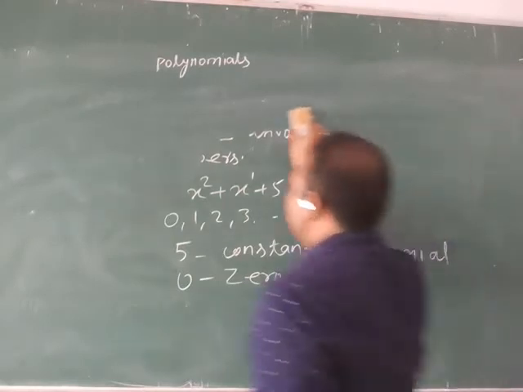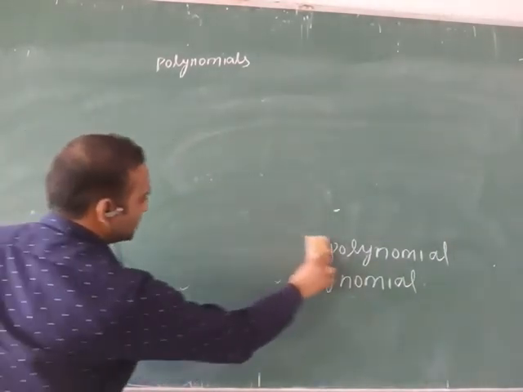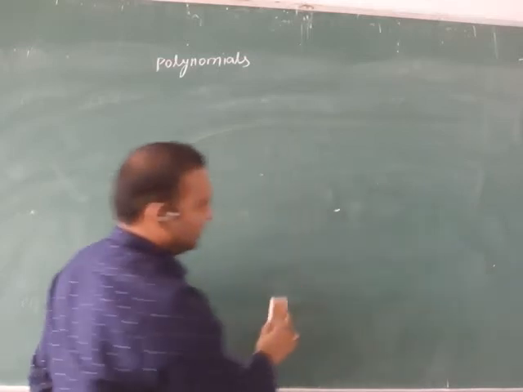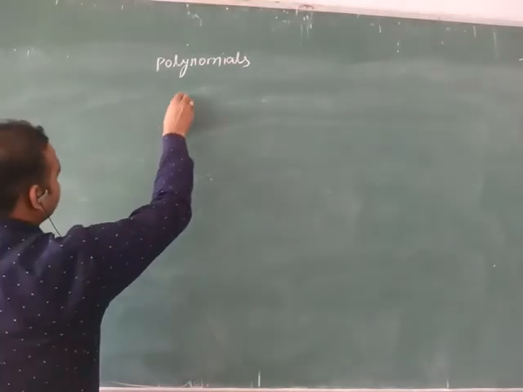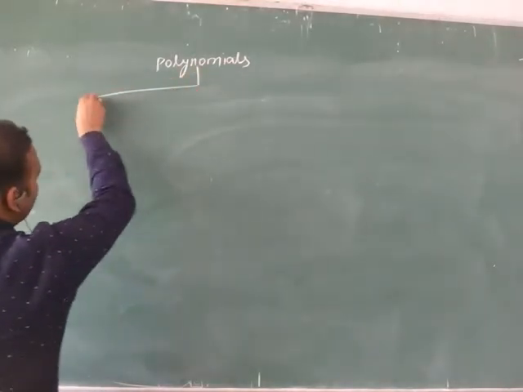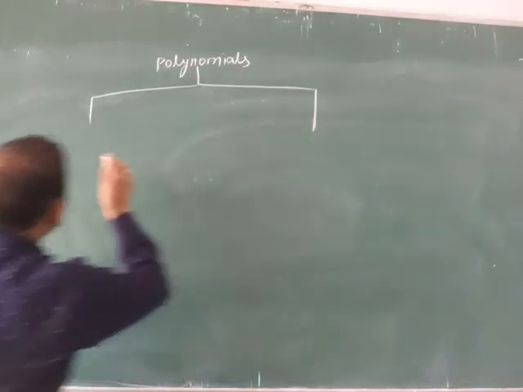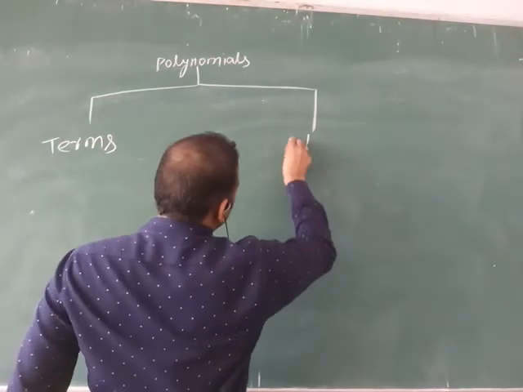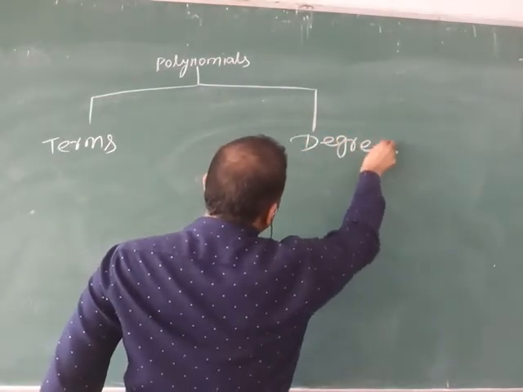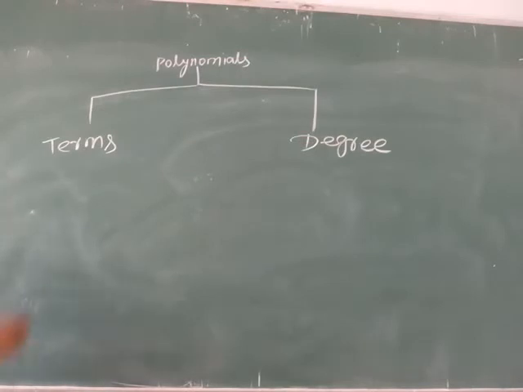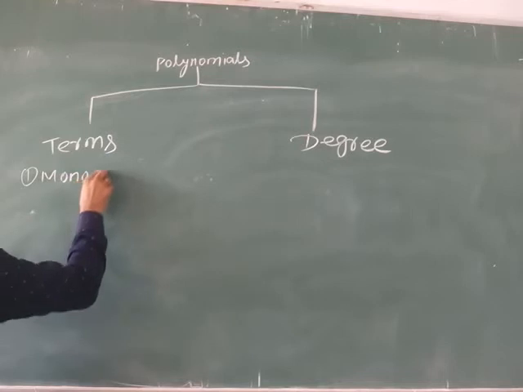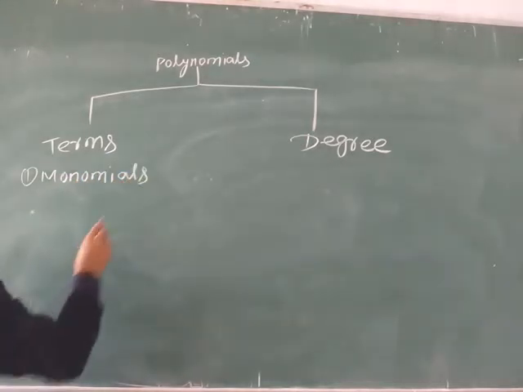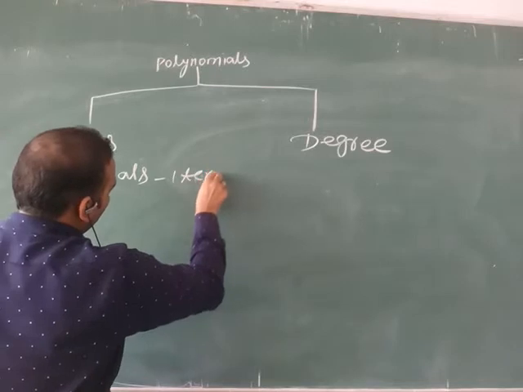Now, after this, we will divide polynomials on the basis of terms and on the basis of degree. The first one is on the basis of terms, and then on the basis of degree. Polynomial on the basis of terms: monomial, that is one term.